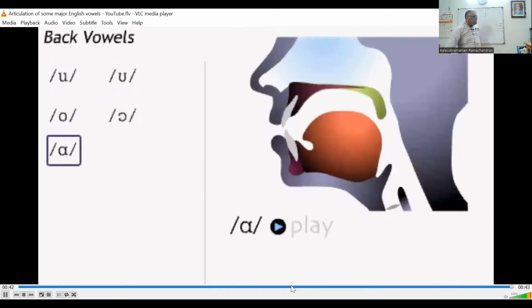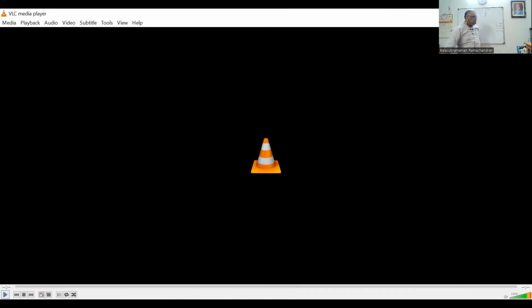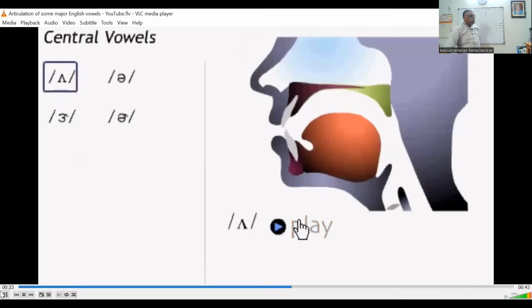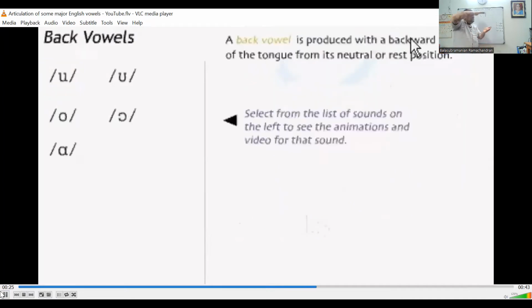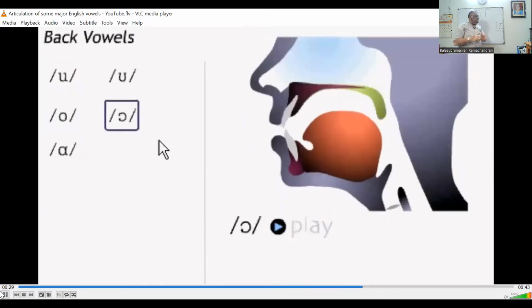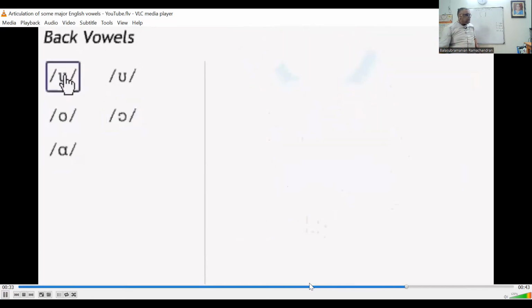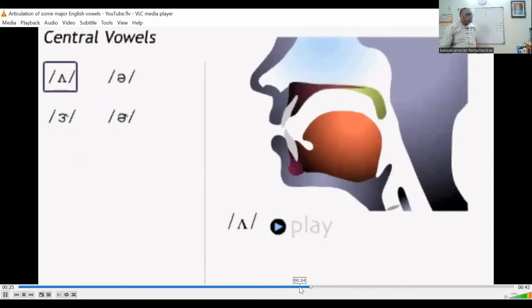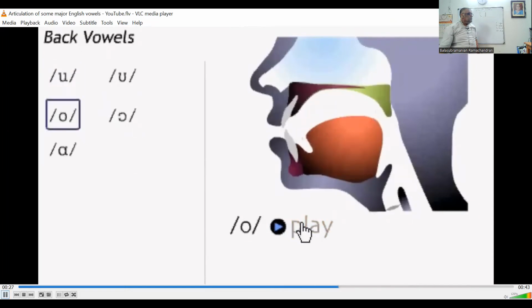Look at how the back part of the tongue is reacting. Now we are coming to the center part, these are the center vowels. Look at the center vowels. It seems as though the tongue is resting. It's in rest position. Okay, so you come to the central vowels.